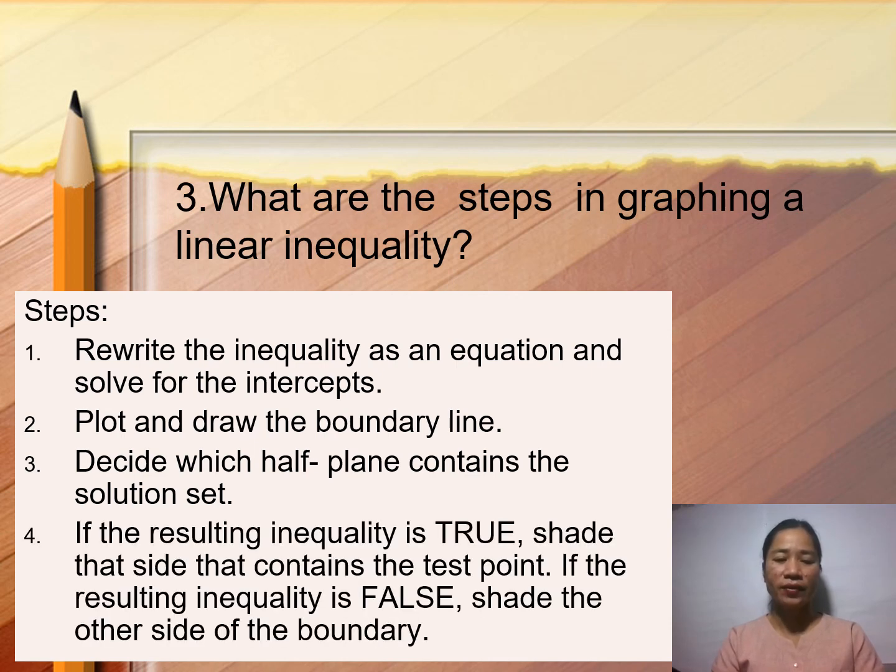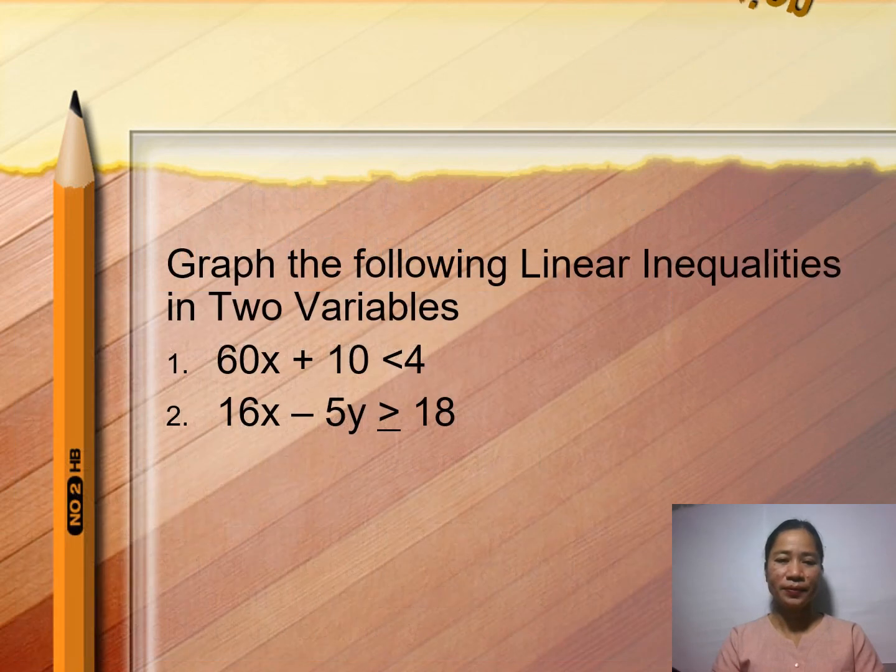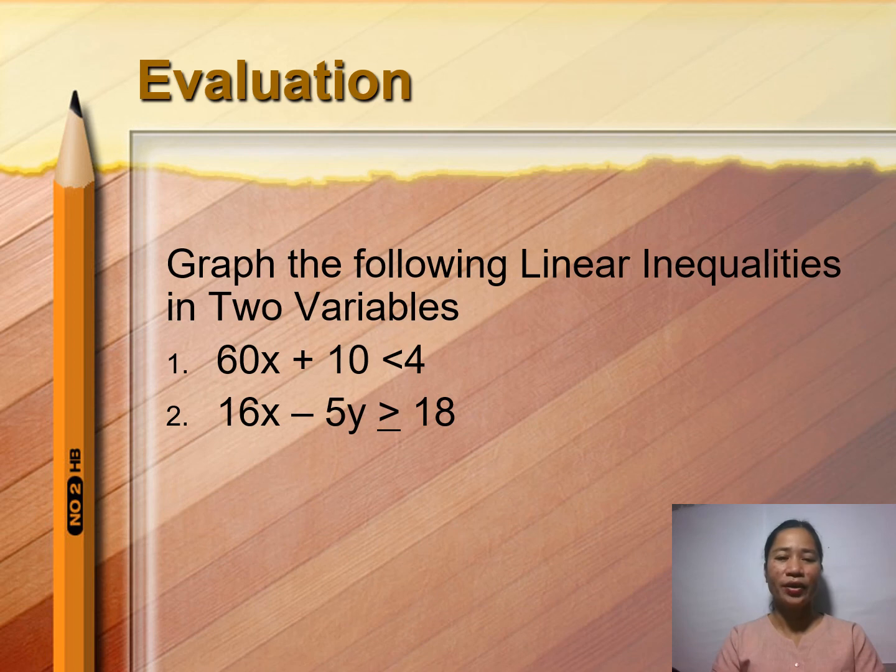And then, if the resulting inequality is true, shade that side that contains the test point. And if the resulting inequality is false, shade the other side of the boundary. Okay, for your practice, graph the following linear inequalities in two variables.